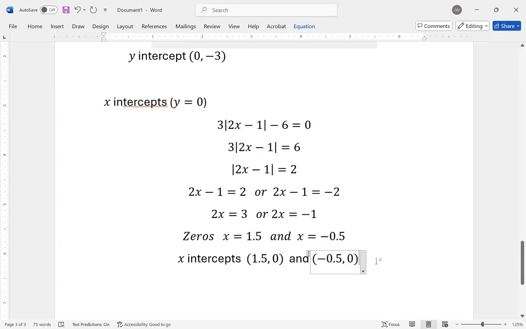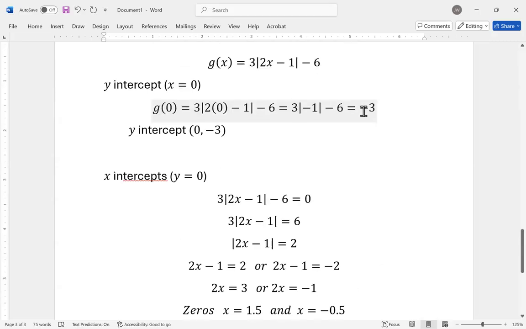So there we go. That's how we find the x-intercepts and the y-intercept. And that's the main issue that we're looking at.